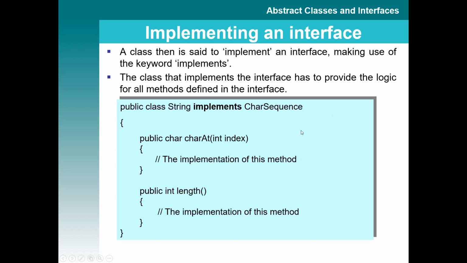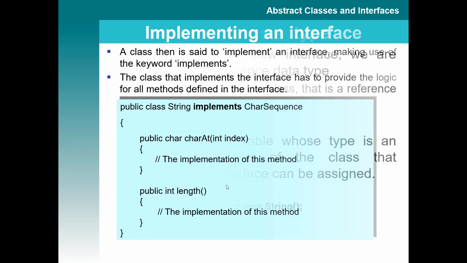Whenever a class implements an interface, it has to override all the inherited abstract methods from that interface. All the methods that were declared in that interface, which were abstract, must be overridden by the class which is inheriting the interface. Since String implements CharSequence, String must override these two methods, the charAt and length methods.